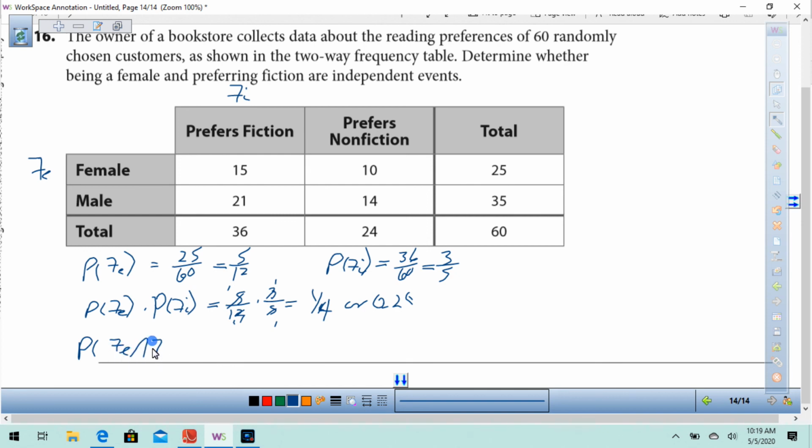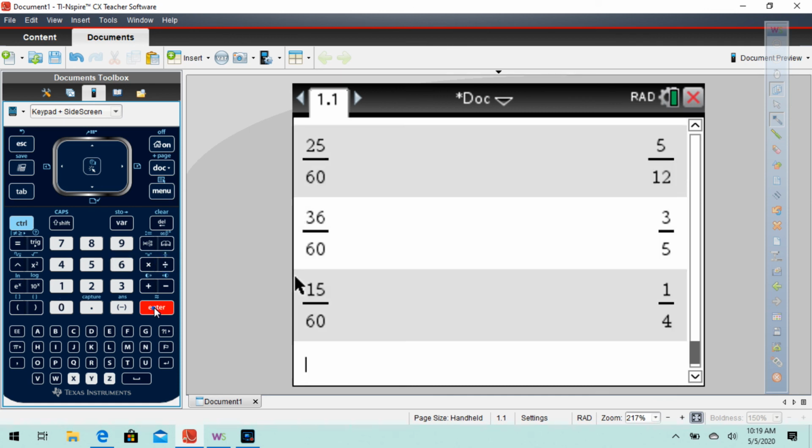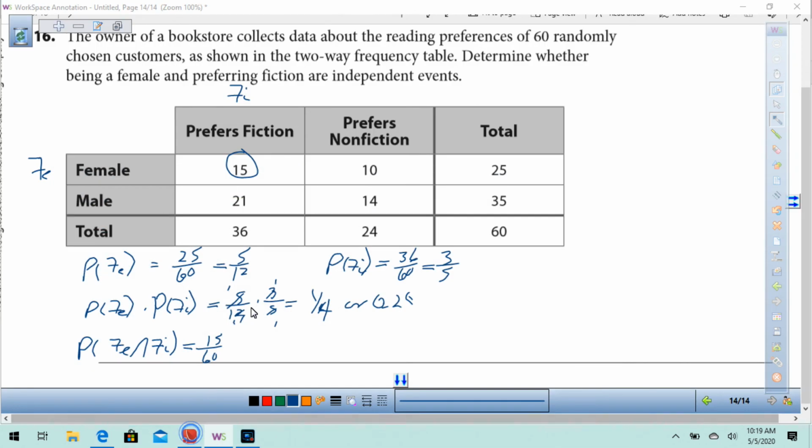Now I got to do the probability of female intersection fiction. All right, female intersection fiction, that's going to be 15 over 60. 15 divided by 60, and that's 1/4. All right.